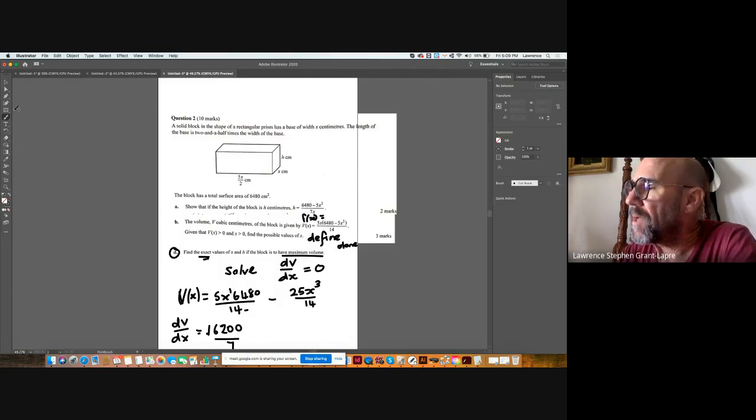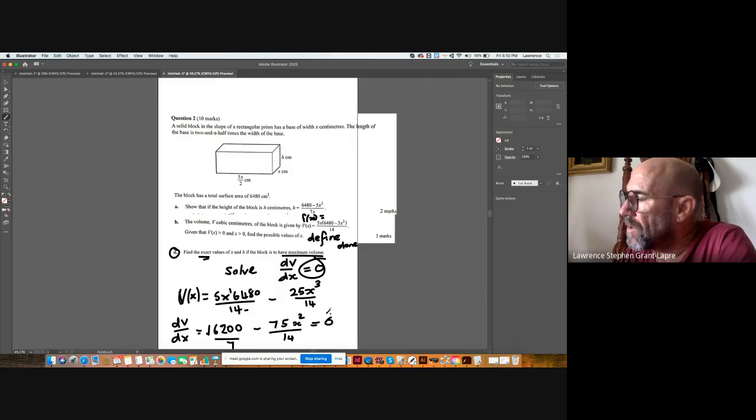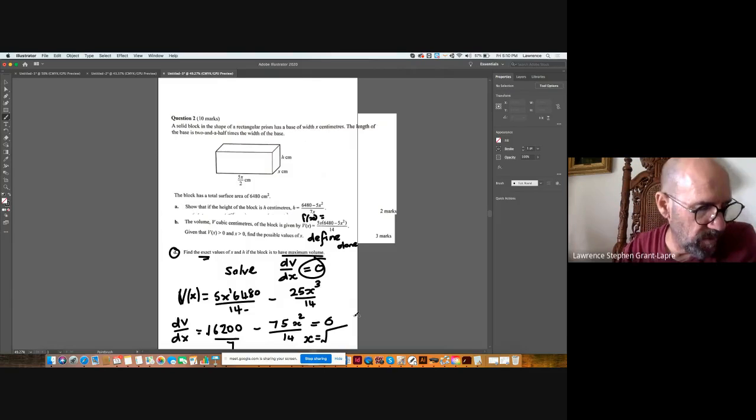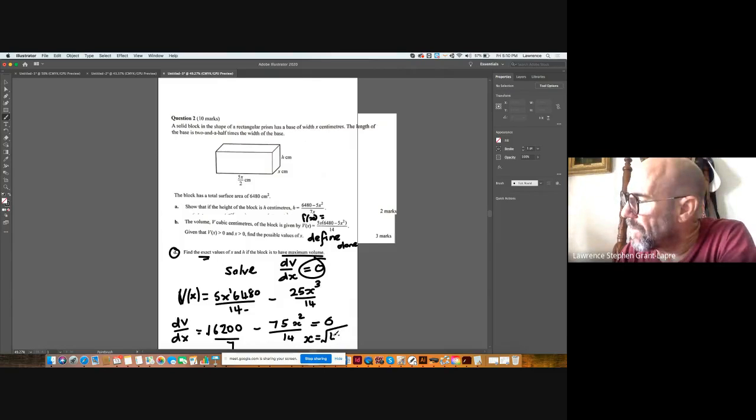And here we would get minus 75 x squared over 14. Now we let that equal to 0 and solve. So you would get x equals, and if you solve that, you should get x equals square root of 432.